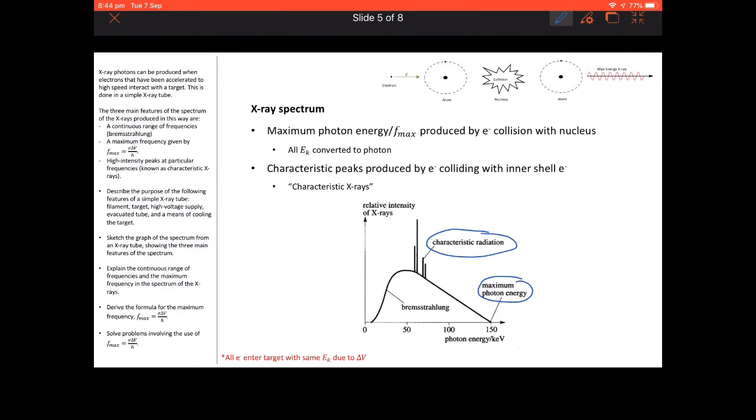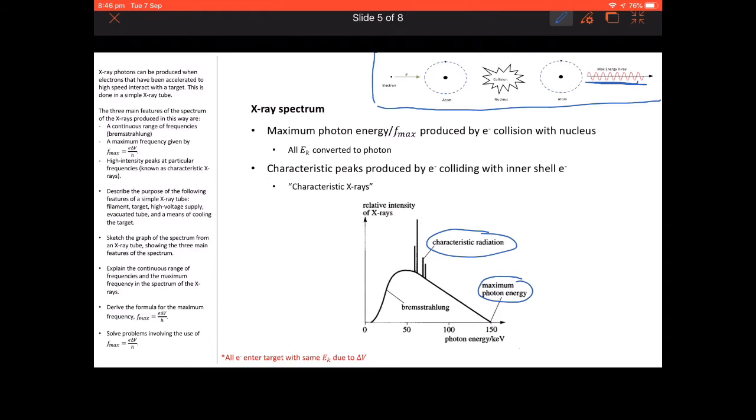If an electron collides with a nucleus, then all of its kinetic energy is converted to a maximum energy photon. The electron is completely stopped, therefore all of its energy gets converted to an X-ray photon.